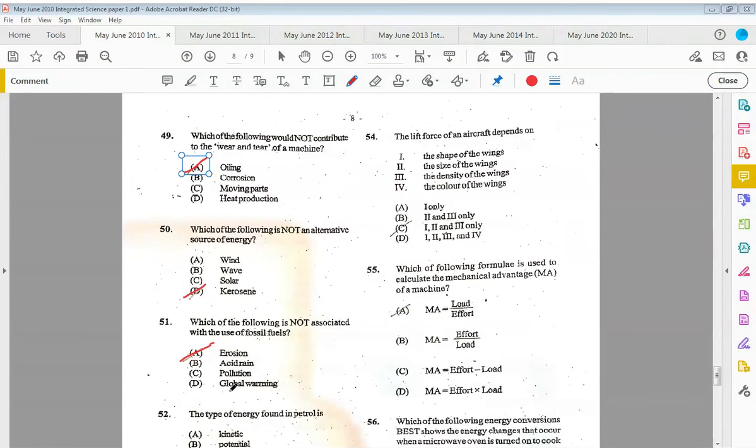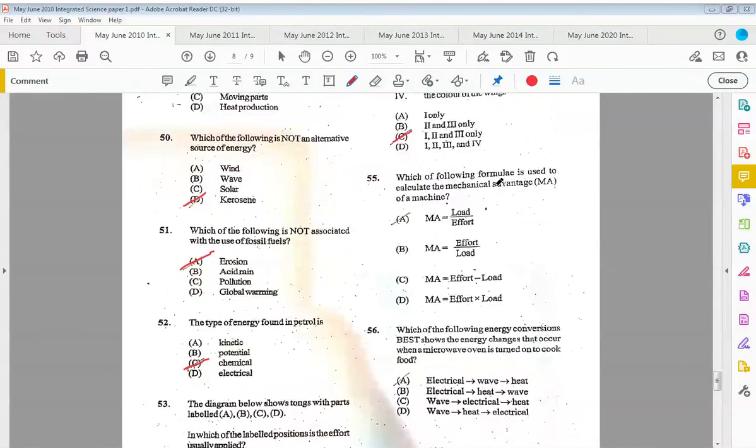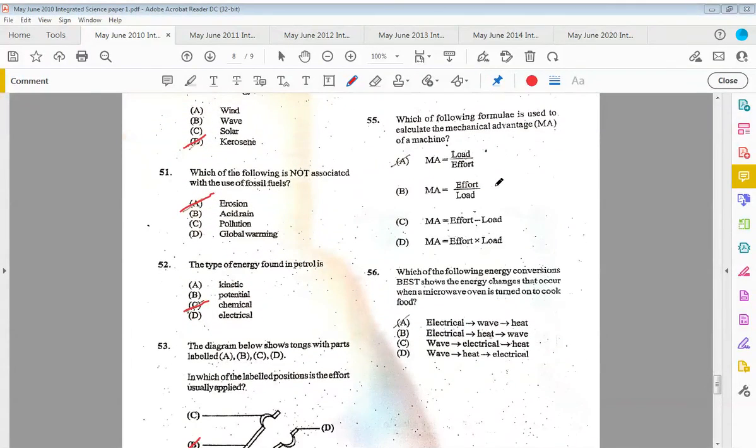54. The lift force of an aircraft depends on, is it the shape of the wings, the size of the wings, the density of the wings, or the color of the wings? The answer would be C, because it has nothing to do with the color of the wings. 55.